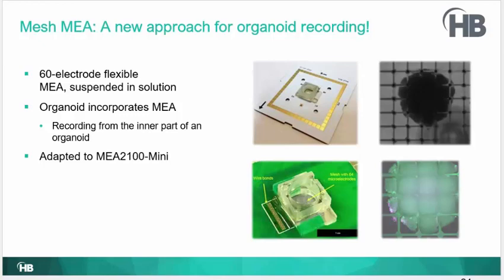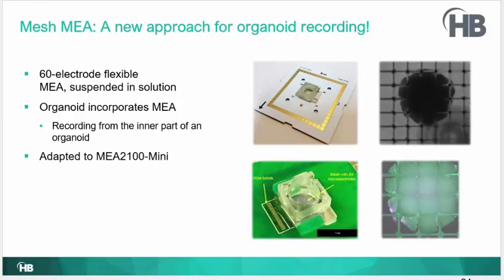So what we really need are approaches that allow us to go inside of the organoid and better understand what's going on. To that end, we have a new product that has been developed known as the Mesh MEA, which you can see right here. It consists of a polyamide mesh with electrodes at each of the intersections, which is what you can see in the upper right-hand panel. What's really nice about this technology is that it acts as a bit of a cradle. When the organoid is placed onto the mesh, it rests, but then kind of goes inside of the organoid.